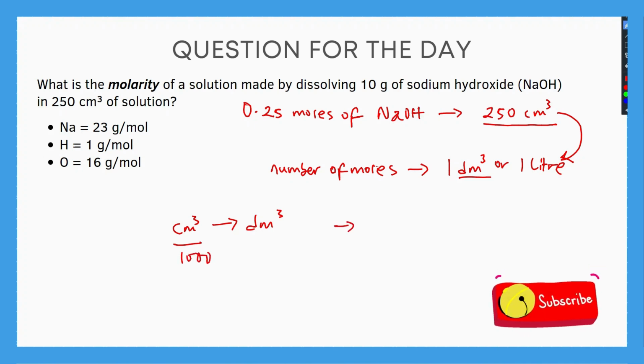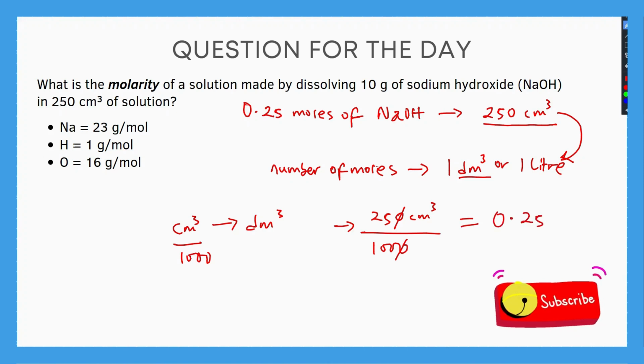So now that we have 250 cm³, we simply divide it by 1000. And when we divide this by 1000, it becomes 0.25 dm cube or 0.25 liters.